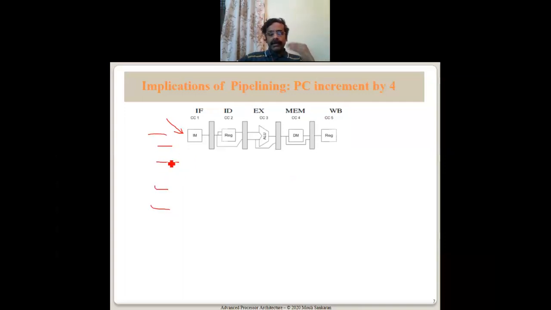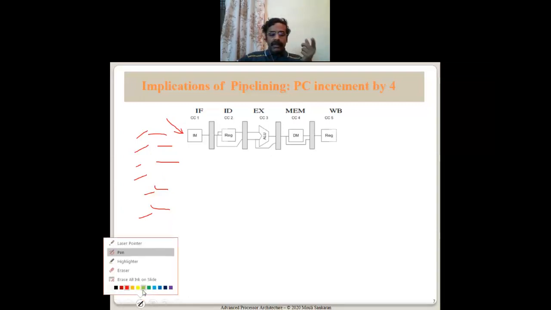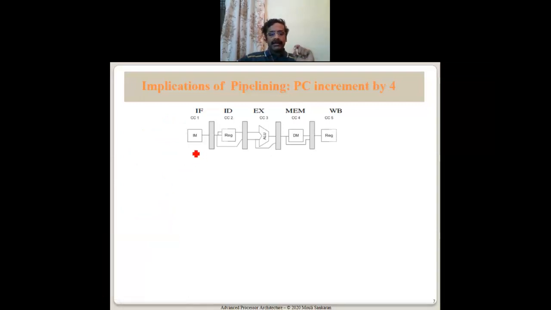What I mean is that the instructions have to be fetched one after the other every cycle. That means we need to produce the addresses for accessing them on every cycle. Otherwise, if we do not update the address for accessing the memory, it may access the same instruction again and again, which is not what we want. We want the instructions to be accessed one after the other.